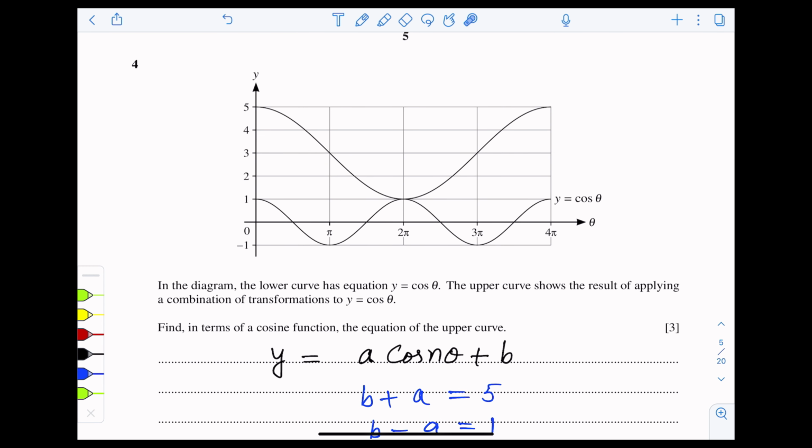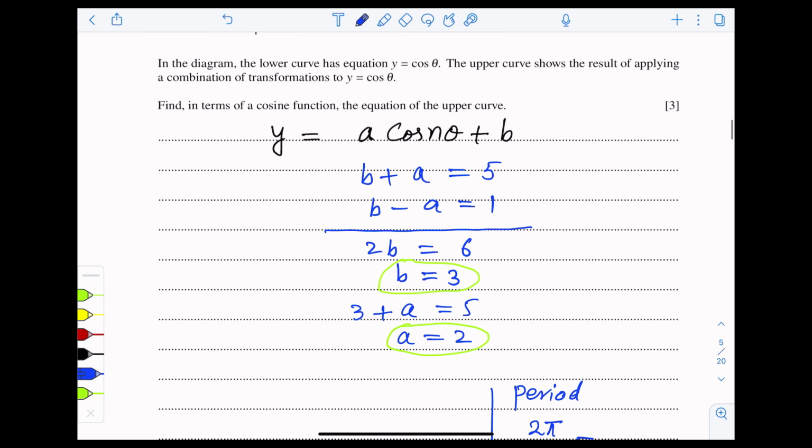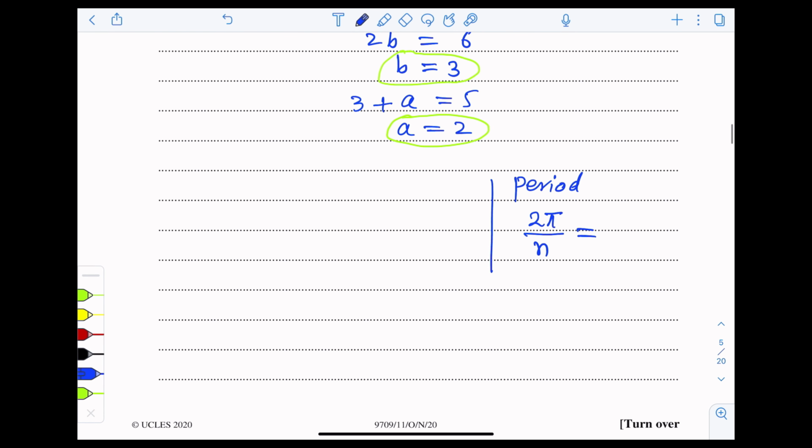अपर कर्व का पीरियड जो है ये देखें, उसका पीरियड जो है 4 पाई है। 4 पाई तक ग्राफ अपर कर्व का कंप्लीट होता है। तो सो पीरियड वैल्यू 2 पाई/n is equal to 4 पाई। From here n will be equal to 2 पाई/4 पाई, that is n is equal to 1/2.